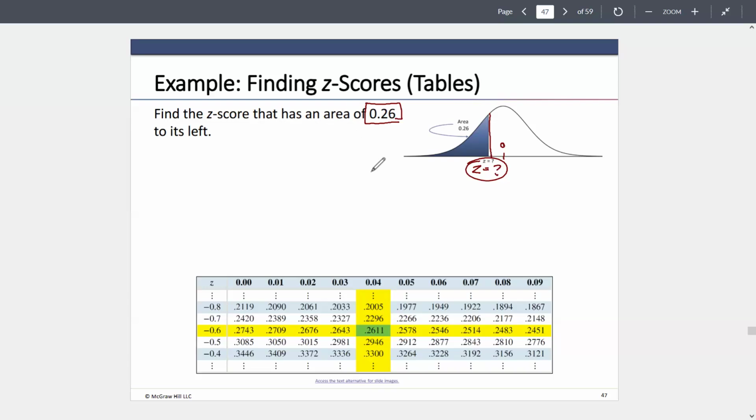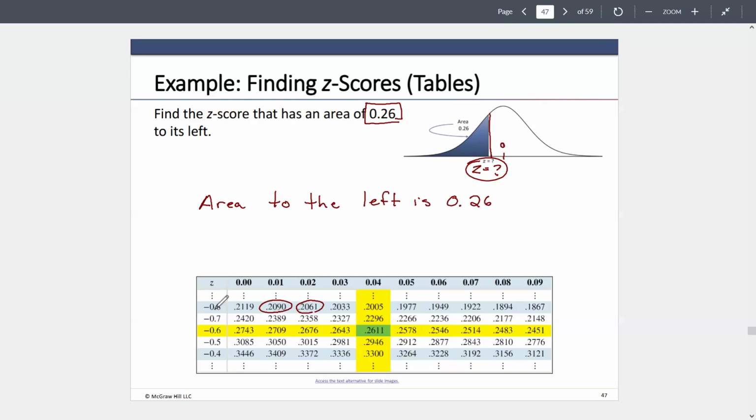Here we're not finding the area on the chart; we're finding an area and then going backwards to find that z-score. The area to the left, because that's what z-scores always tell me, is going to be 0.26. So I need to go into my table, and remember, these are all different areas.